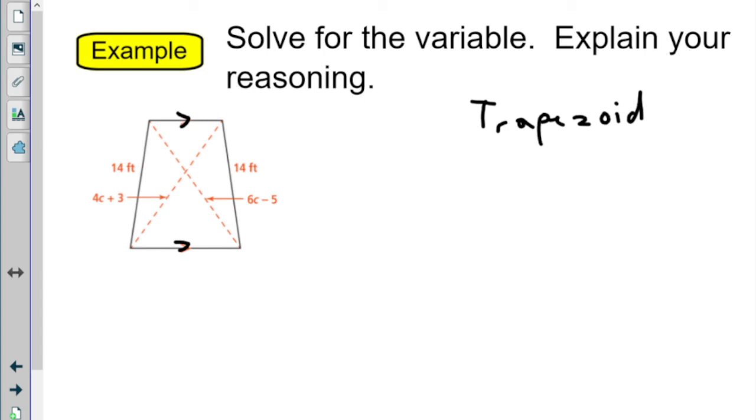But you should have also noticed that the trapezoid also had these sides here being 14. And since those sides there are 14, that made the trapezoid isosceles.